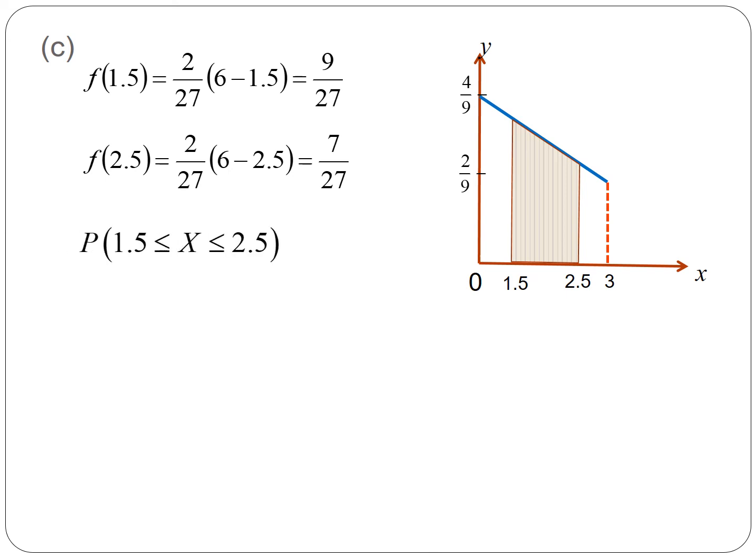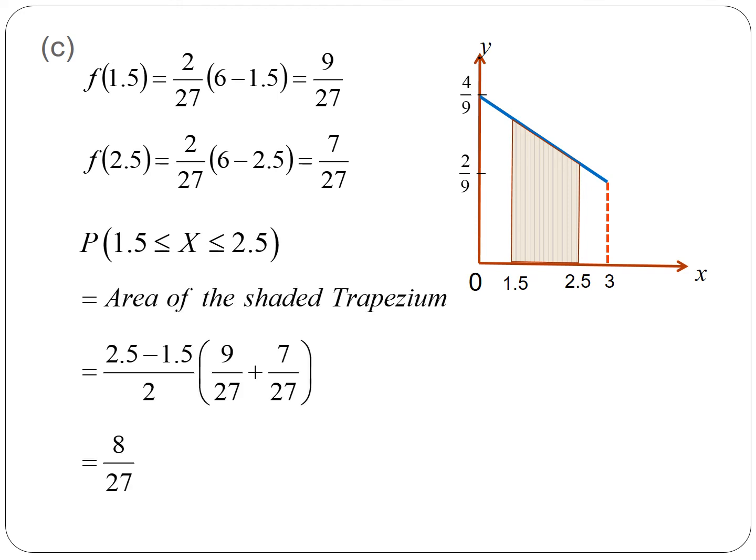Using the trapezium formula to find the area of the shaded region, half the width, 2.5 minus 1.5, times the sum of the parallel sides. So you have 8 over 27.